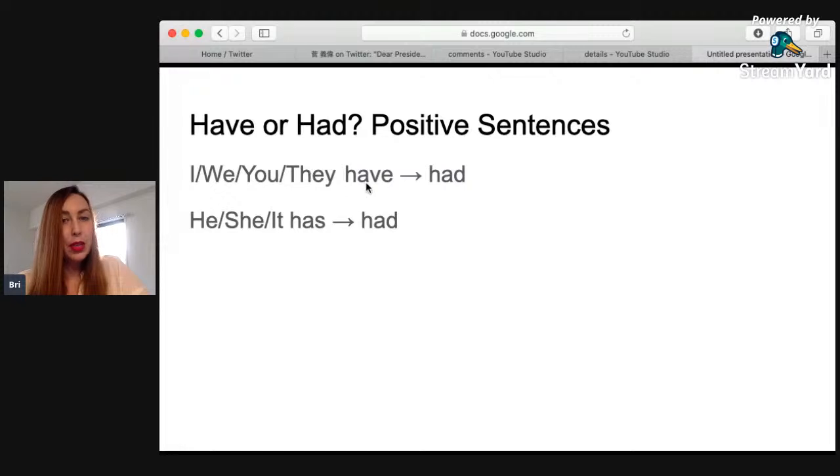However, when we use the past, we're going to change it to had. This is for positive sentences. And it is the same with he, she, it. Usually in the present tense, we change it to has. So this is where some people get tricked a little bit. In the past tense, it becomes had. It is the same. I, we, you, they had. He, she, it had. Okay, is everyone following me?